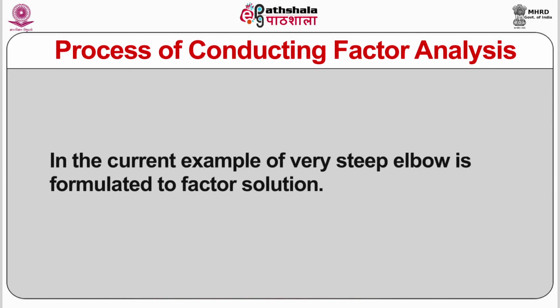In the current example, a very steep elbow is formed. Therefore, an ideal solution would be a 2-factor one. However, the total variance explained table indicates that a 2-factor solution will result in only 38% variance explained, and therefore it is better to go with a 4-factor solution than a 2-factor one.